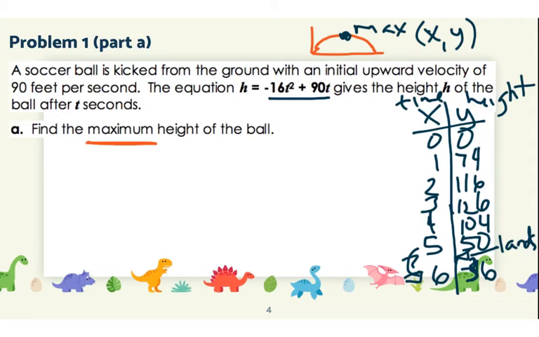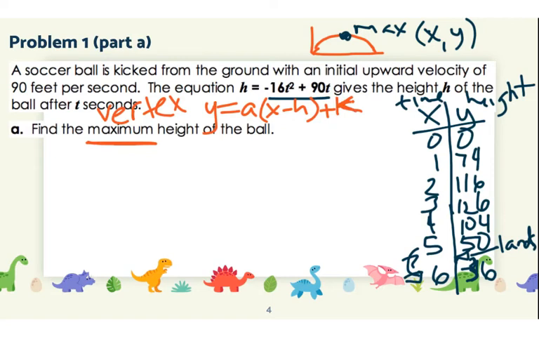So maximum, again, means vertex. Okay, and I know that the vertex form will easily show me the vertex. So the vertex form is y equals a(x minus h)^2 plus k.